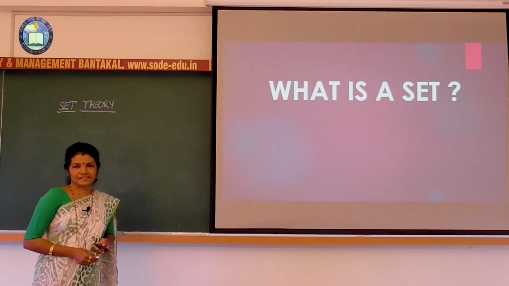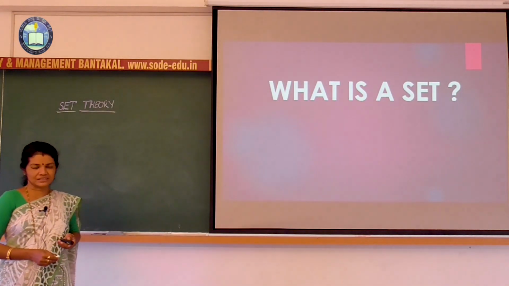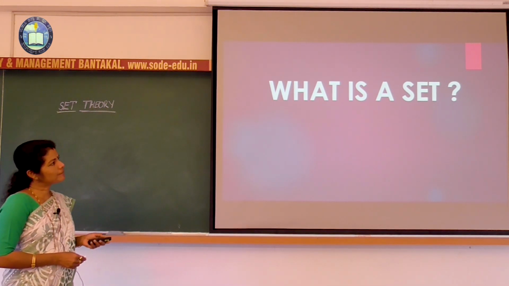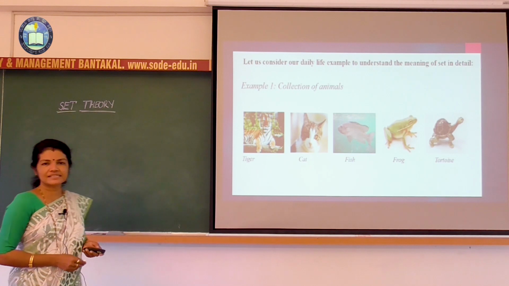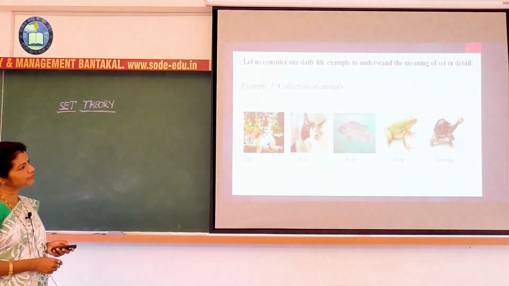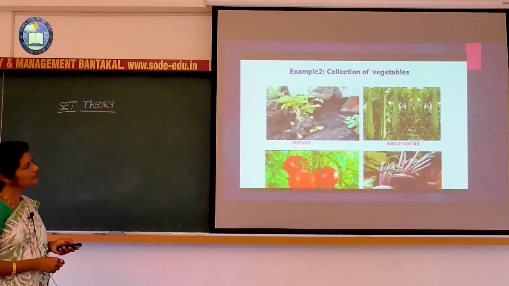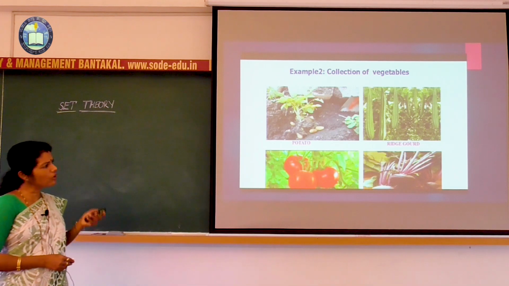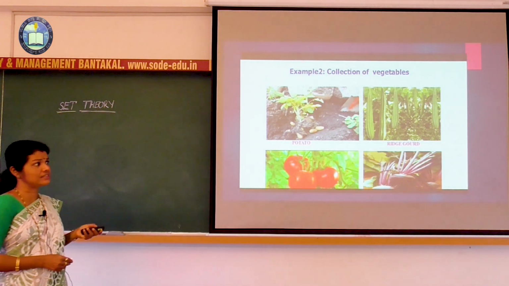So what is a set? To know about this in detail, we'll consider a few examples. We'll consider our day-to-day life examples like collection of animals, collection of vegetables. All these are familiar to you actually, you can list them out, right?